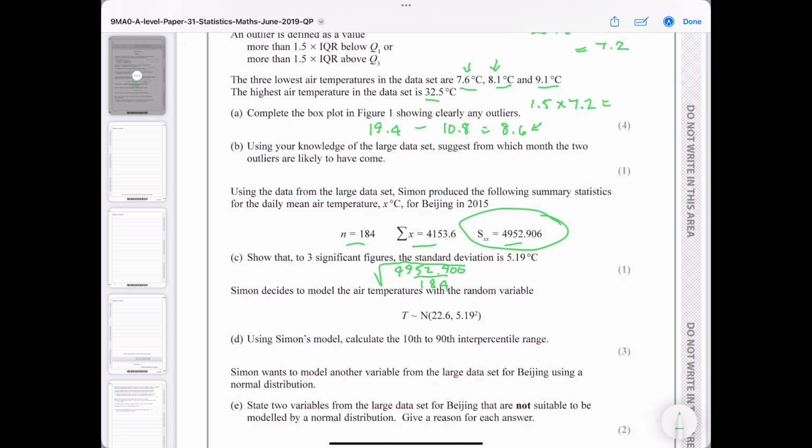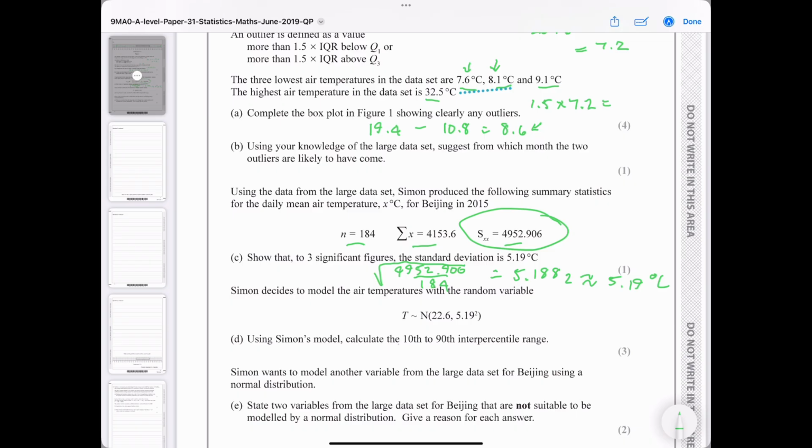And that equals 5.188, which equals to 3 sig figs 5.19. There we go. Right, Simon decides to model the air temperatures with a random variable, so a normal distribution.